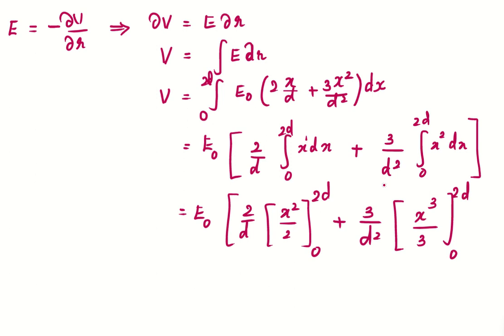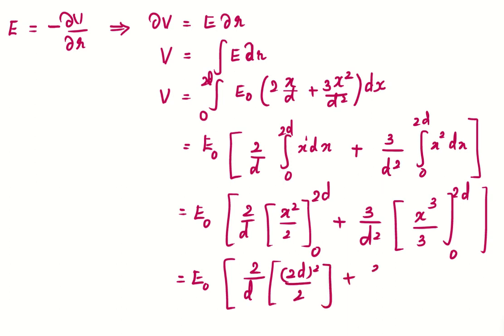Limits go from 0 to 2d. So here we write E0, substituting the upper limits; lower limits we are not going to substitute because it is 0. So we can write this as 2d squared divided by 2 plus 3 divided by d squared, here 2d cube divided by 3.